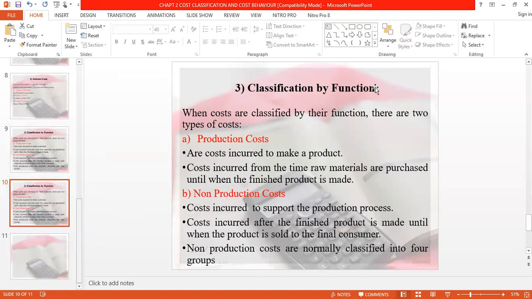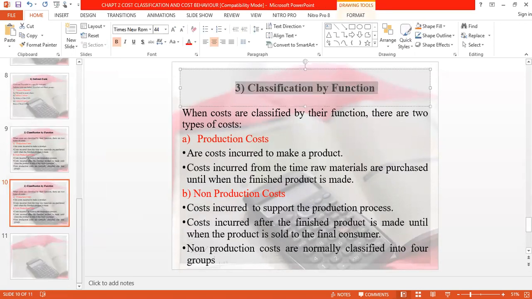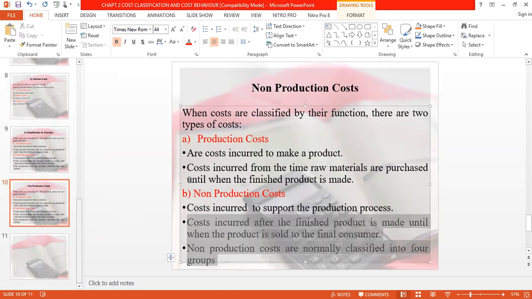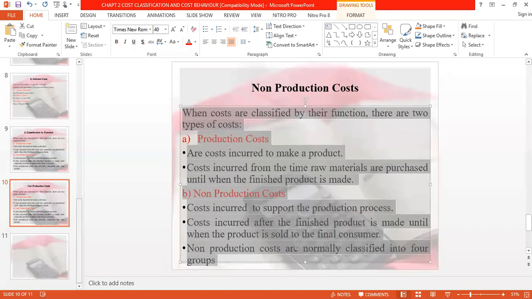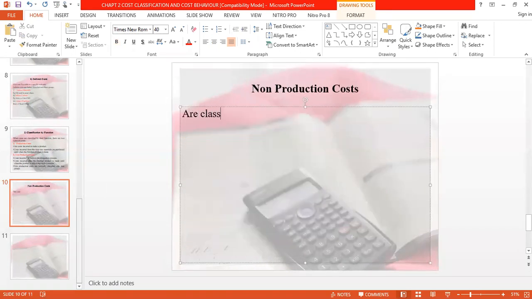So let's look at the four groups of non-production costs. We are saying that non-production costs are classified as follows.